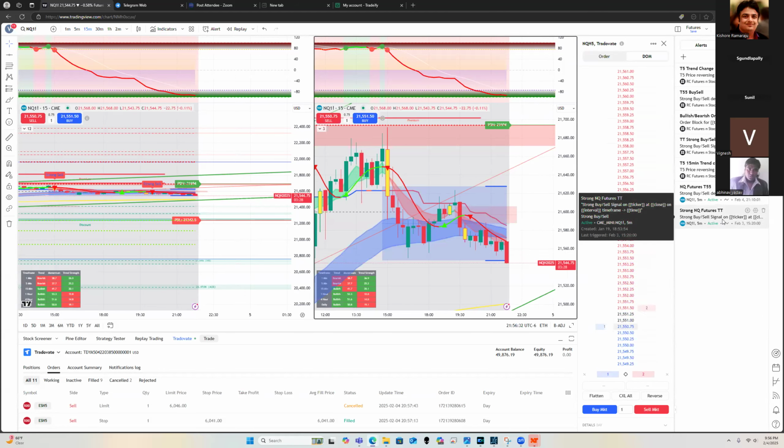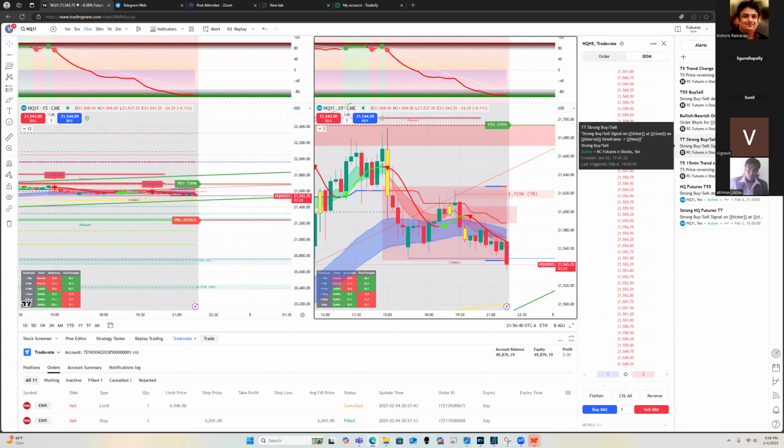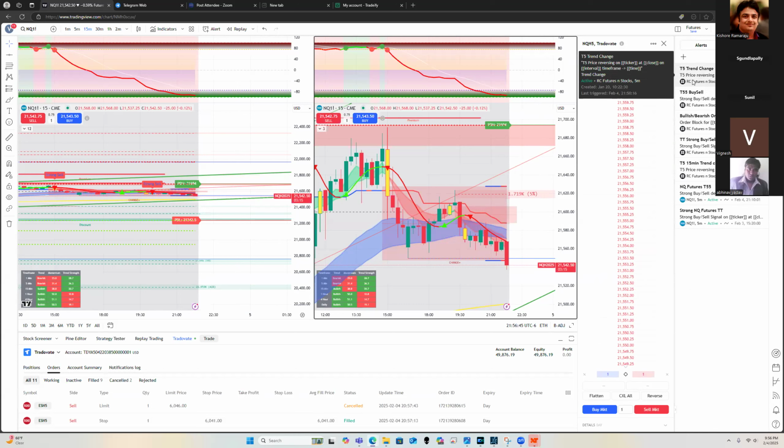Strong buy sell signal, strong buy signal, price reversing. This is strong buy sell order block. This is for 5 minutes only, right? Yeah, you can see that it shows 5 minutes.